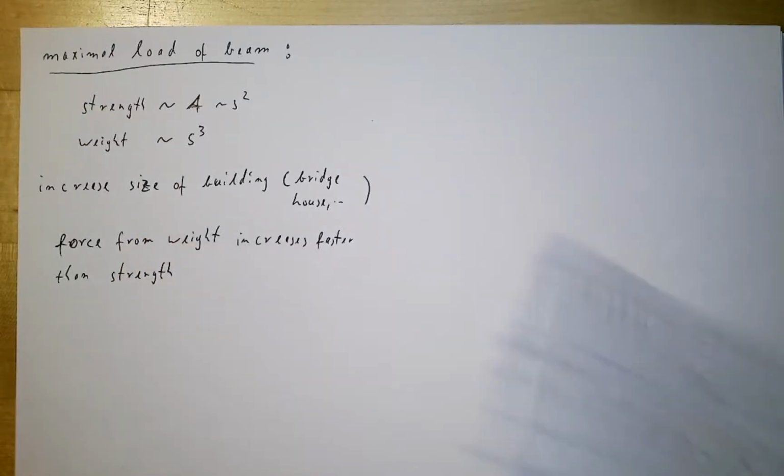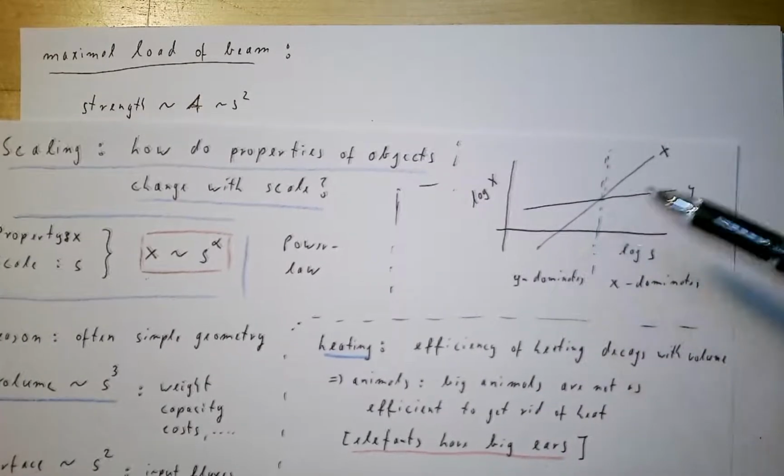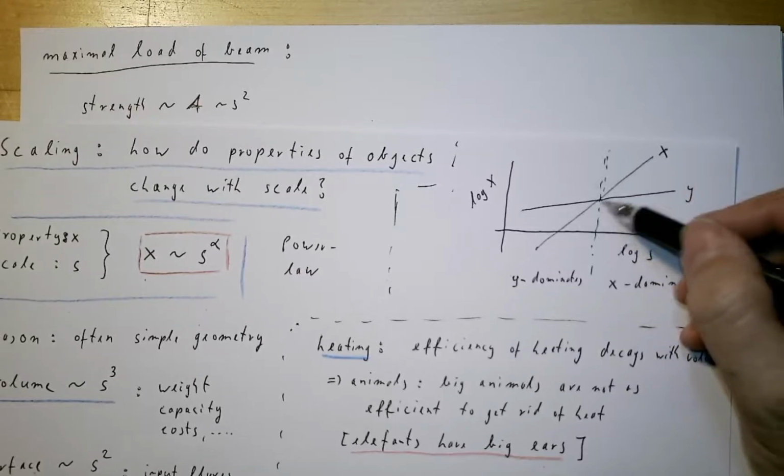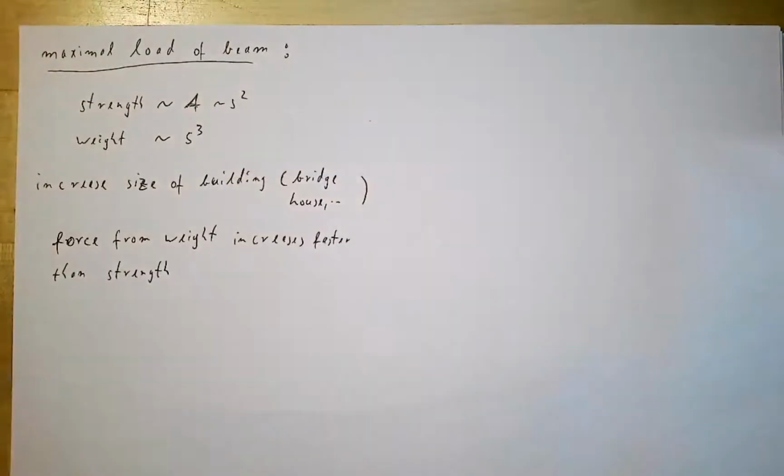So we get here again this transition between small and large objects, where the thing is dominated either by the force of the weight or the strength of the construction.